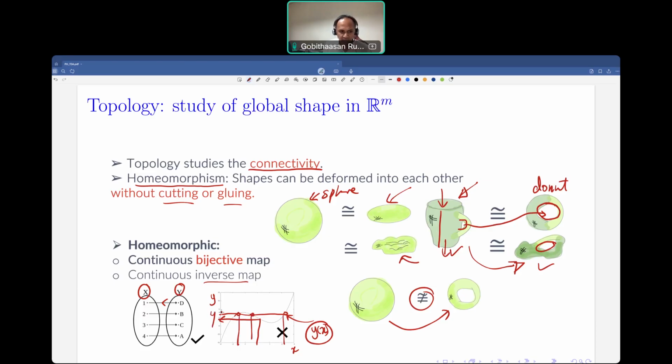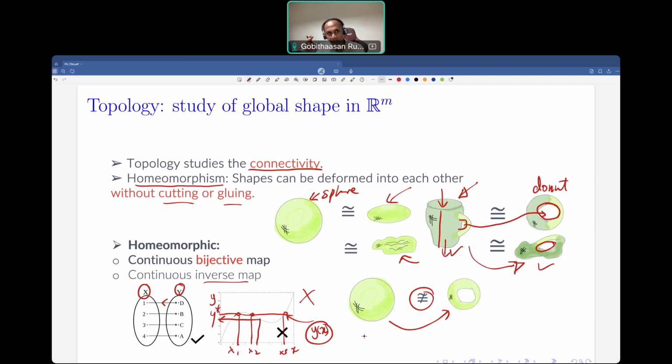At one particular y value, y star, I have x1, x2, and x3. So there are three values for one particular y, which is not one-to-one, right? So that is why this is not homeomorphic. This function is not homeomorphic.